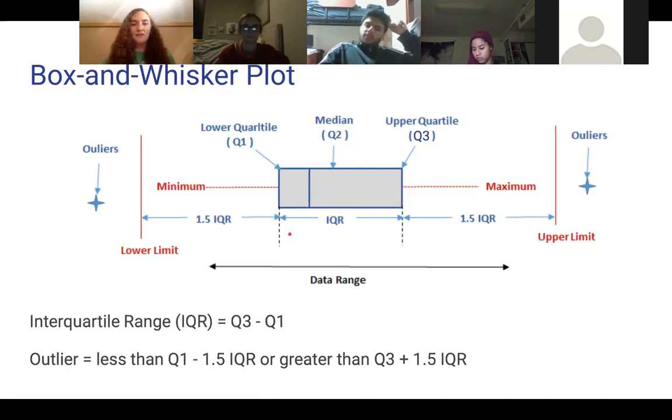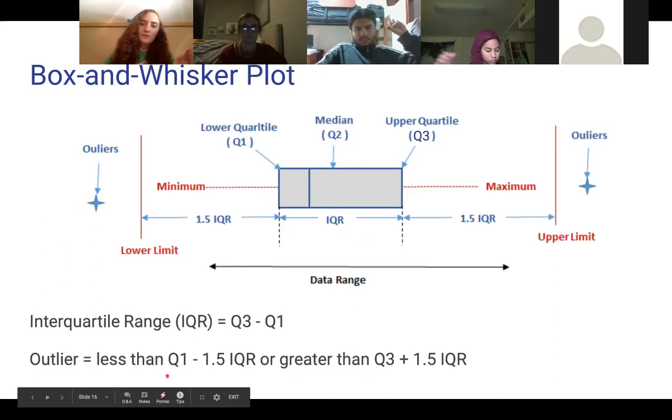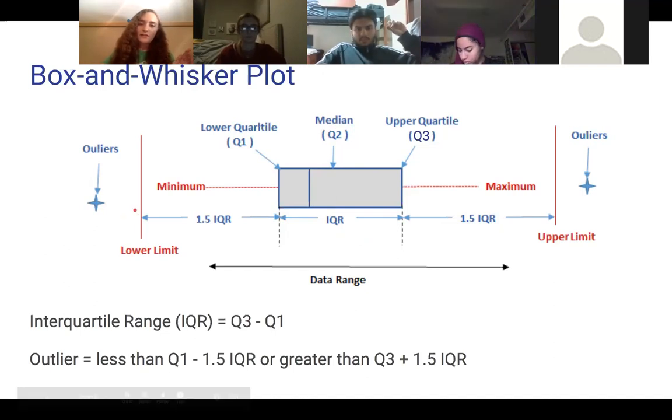Then from the box, there are these whiskers that are your fences. You go 1.5 times the IQR below the first quartile, that's your lower limit, and 1.5 times above the third quartile, that's your upper limit, and anything past that is your outliers.